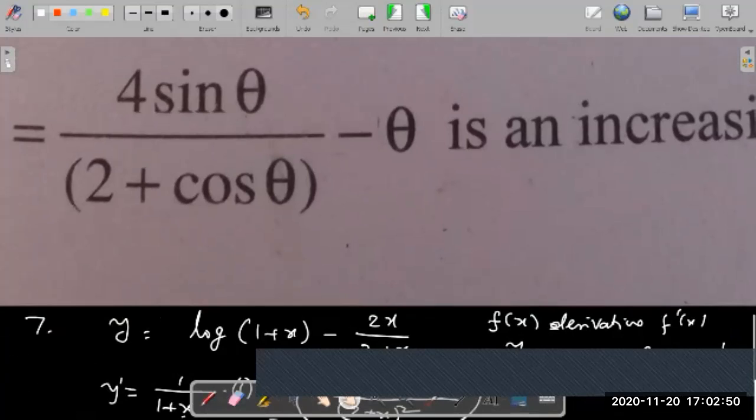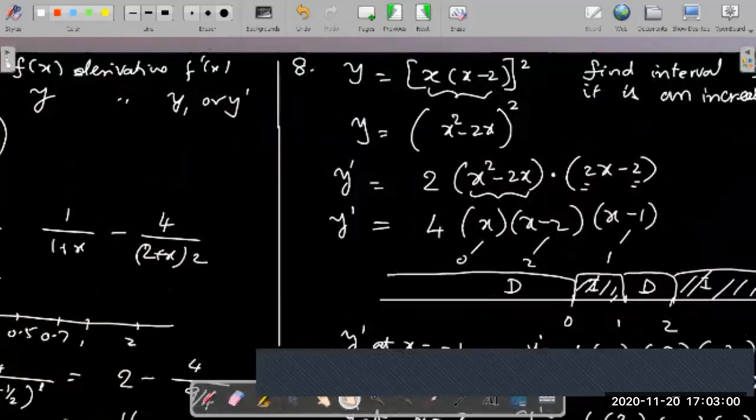y equals 4 sine theta by 2 plus cos theta minus theta.